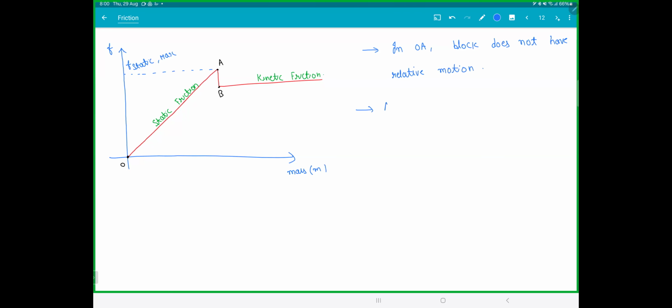The next observation: at A, the friction became maximum. How do you know that? At that point, we observe the block is on the verge of slipping. Little force and it will go off. Like I said, all this is an observation. We are not making this out of thin air. Experimentally, this is what we observed. We get maximum friction. It is on the verge of slipping.